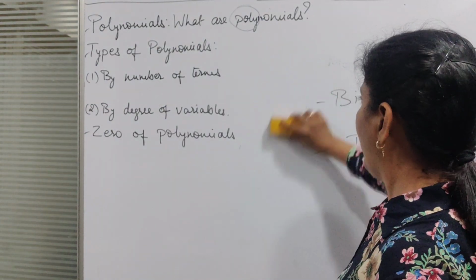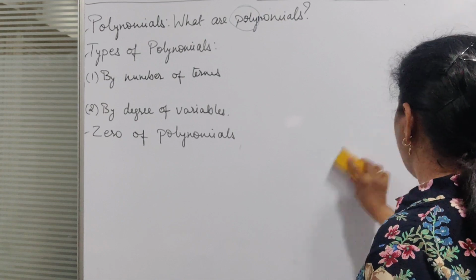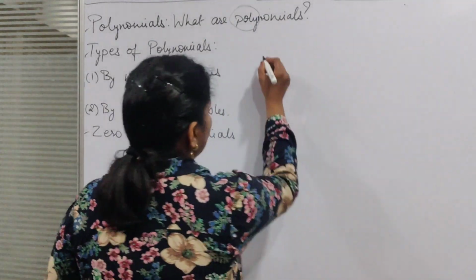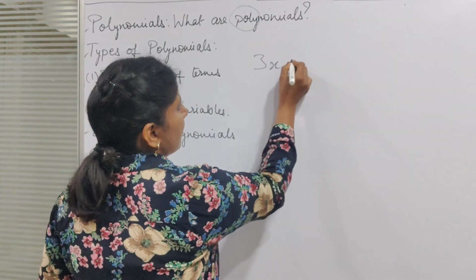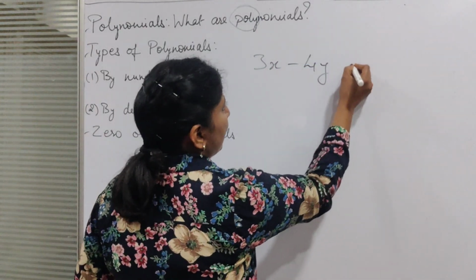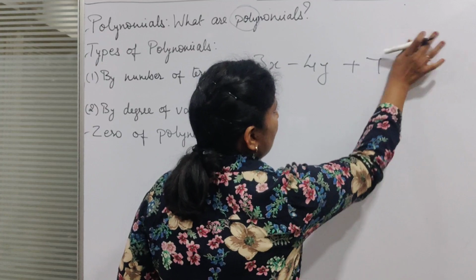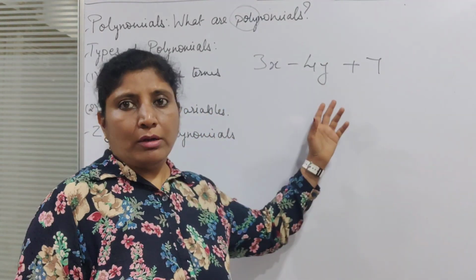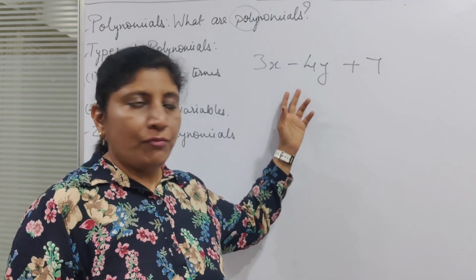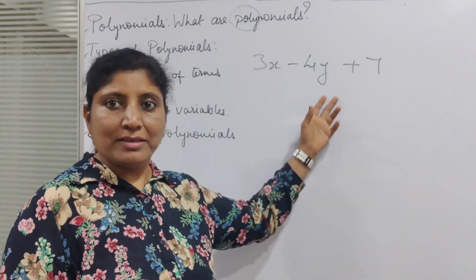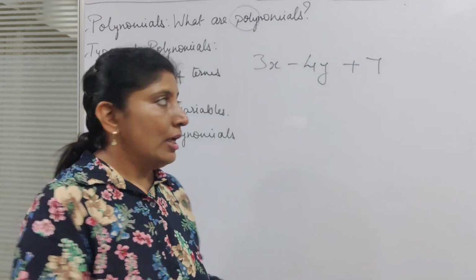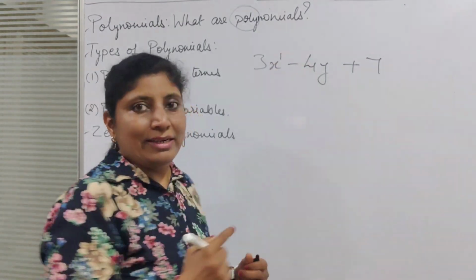Okay, now if I take 1 degree of my any polynomial, I'm taking say 3x minus 4y plus 7, okay, so this is a polynomial. All right, now what is the degree of x? First see, there are two variables, right? X and y, there are two variables. Now what is the degree of x? Because there is nothing written, it is 1.